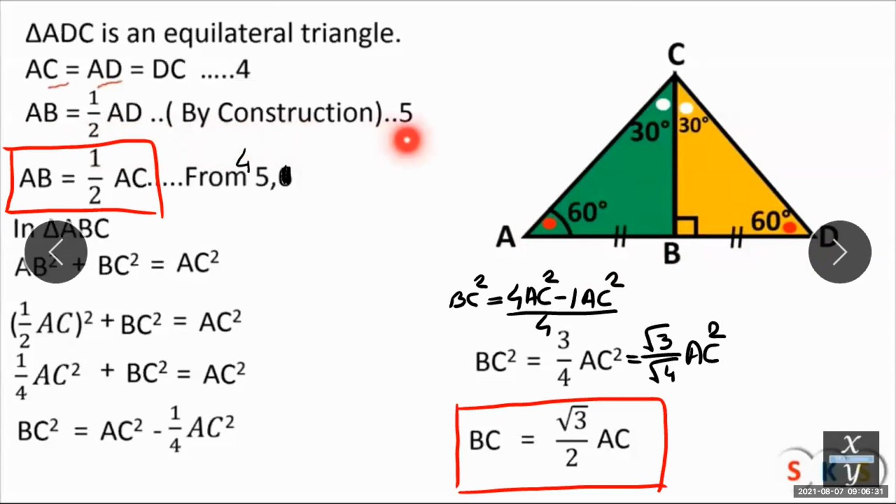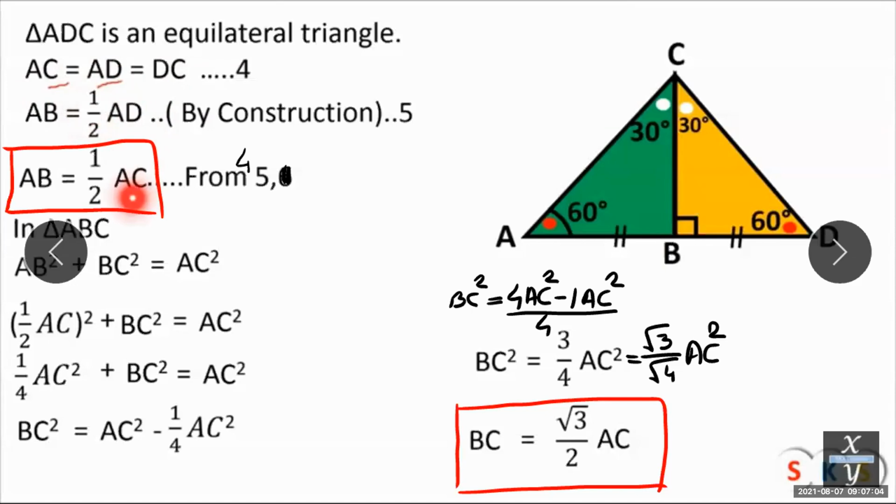That is equation 5. Okay, now as we know that all the sides are of equal length, instead of AD, I can use AC, because AD and AC are of equal length. So in place of AD, I wrote AC here.